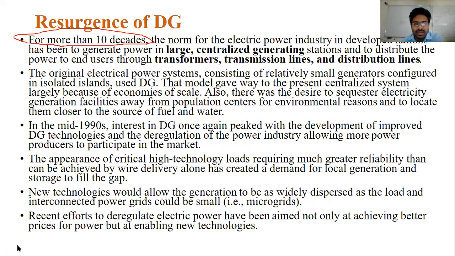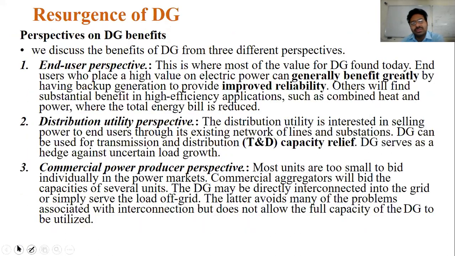Last class we already discussed some perspectives on DG benefits. For end users, DGs are used to improve reliability, meaning higher efficiency and uninterrupted power supply, and to reduce power bills.